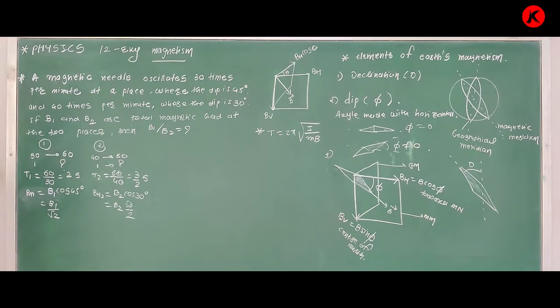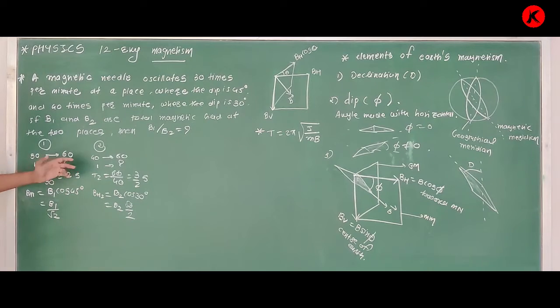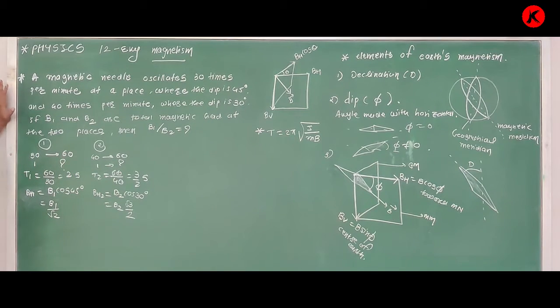Clear? Now, if B1 and B2 are the magnetic fields at the two places, then B1 upon B2 is equal to, using T1, BH1, T2, BH2. Now, what is the hint of this question?